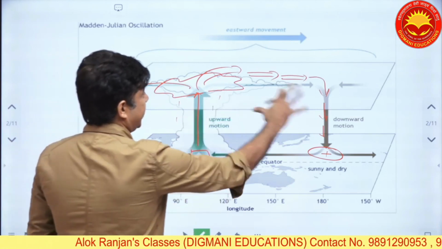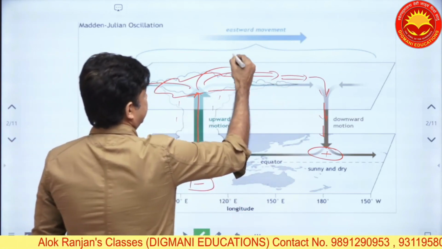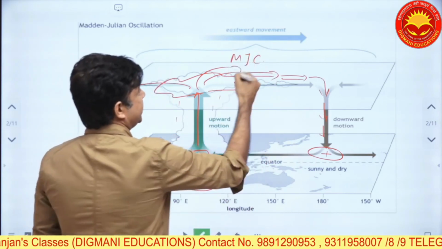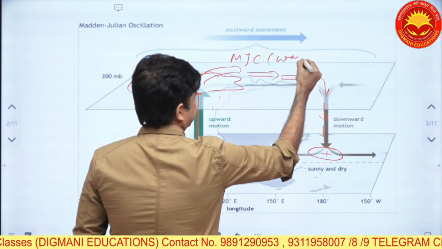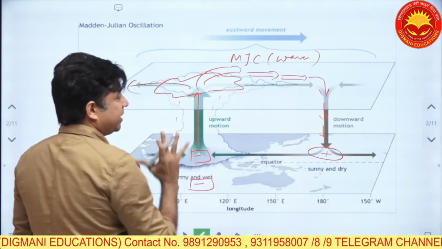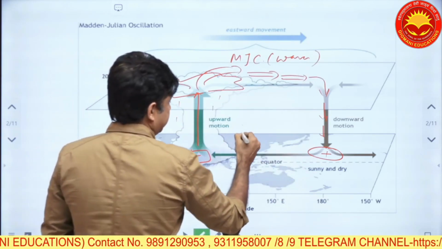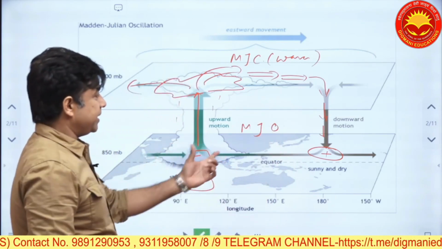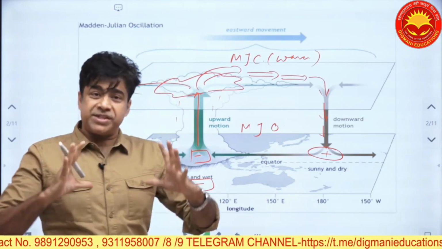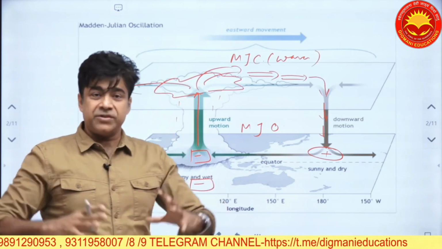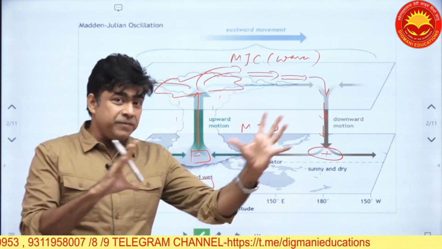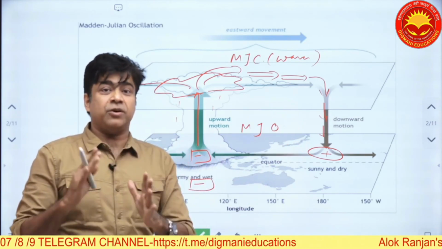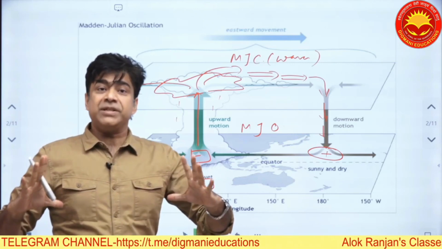Now this entire system, what we will call it, this is Madden-Julian circulation or Madden-Julian waves. And what this entire system is called is the Madden-Julian oscillation. Now this Madden-Julian oscillation is not a stationary system. It is moving eastward. But ENSO-like phenomena, or the El Nino and Southern Oscillations, are much higher.